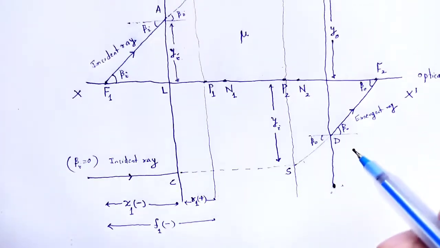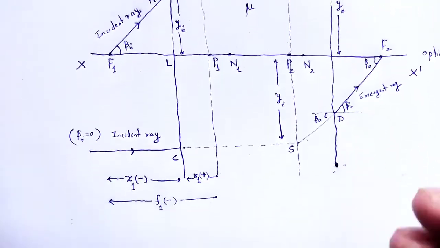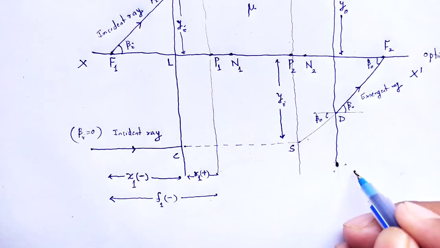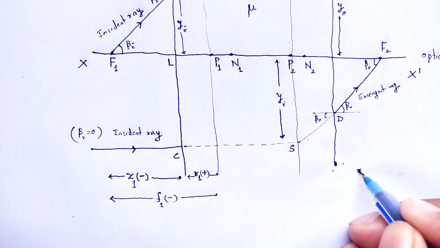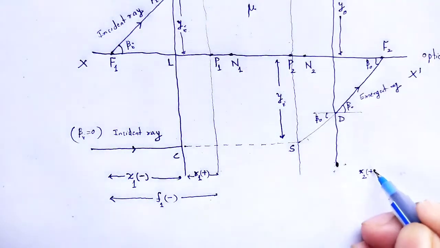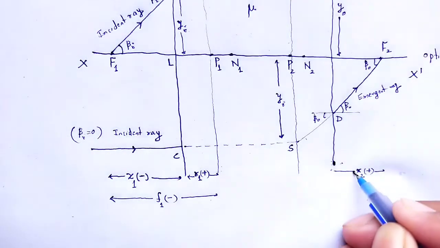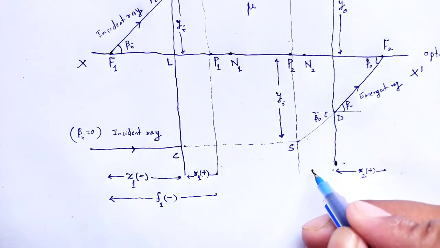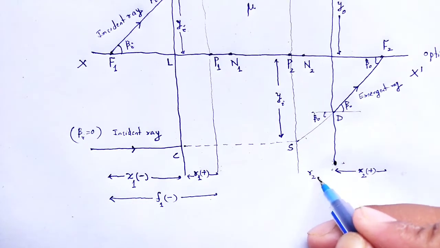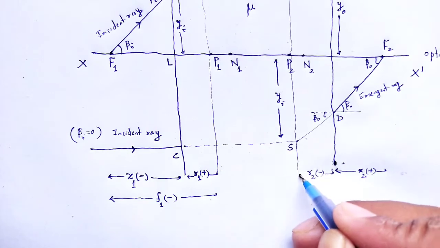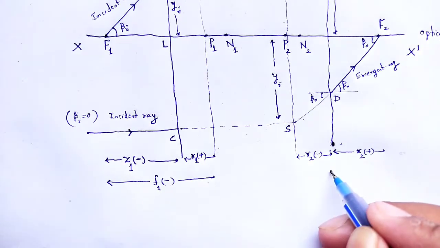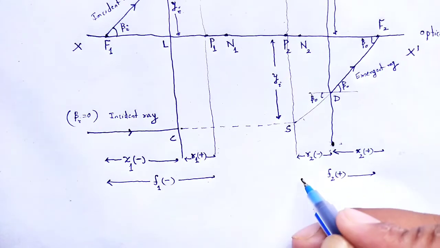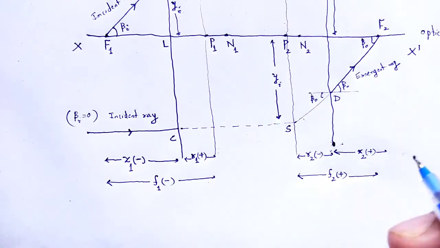Same thing for the output plane. Here the distance x2 is positive, from focus to plane. Here r2 is negative, and the focal length f2 is positive, from focus to plane.